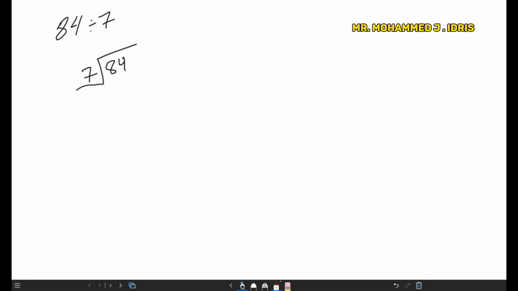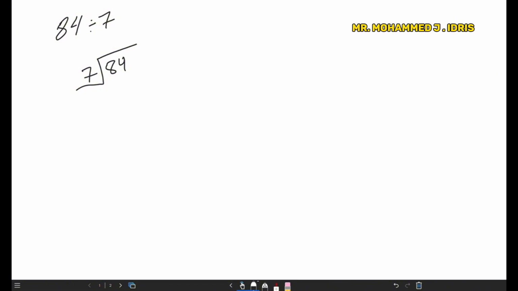It reads as 84 divided by 7. So the number that you pronounce first, 84, goes inside, divided by 7 goes outside. Always keep this in mind.